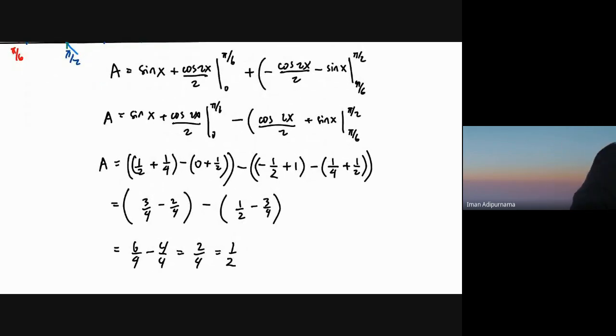Did you get the same result? Anyone got the same result with me, or am I making a mistake here? Okay, please check it with your calculations whether it's correct or not. I think this is correct. If you see any mistakes, please let me know.